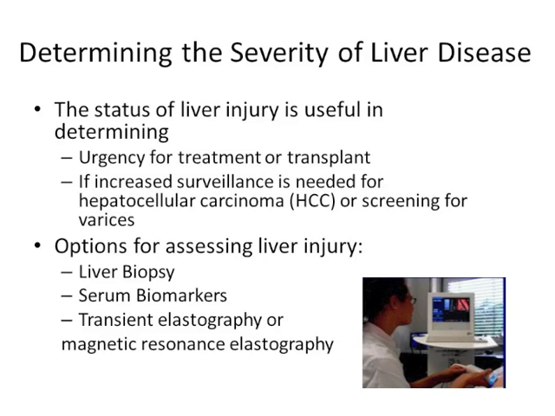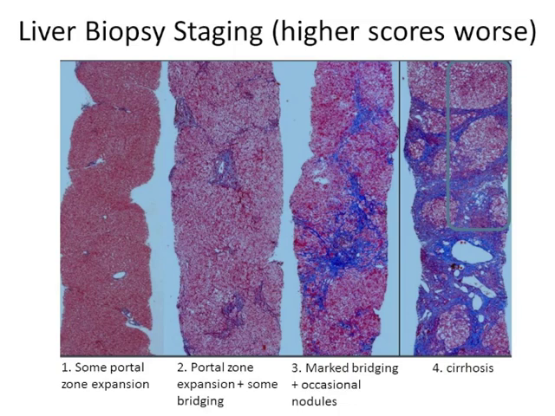So if you do a liver biopsy, this is what the results look like. It's on a score of 0 to 4, 0 having the least fibrosis, 4 having advanced fibrosis. They call that cirrhosis. So a score of 4 is considered cirrhosis. So blue is bad. The more blue you have, the more advanced the liver disease.